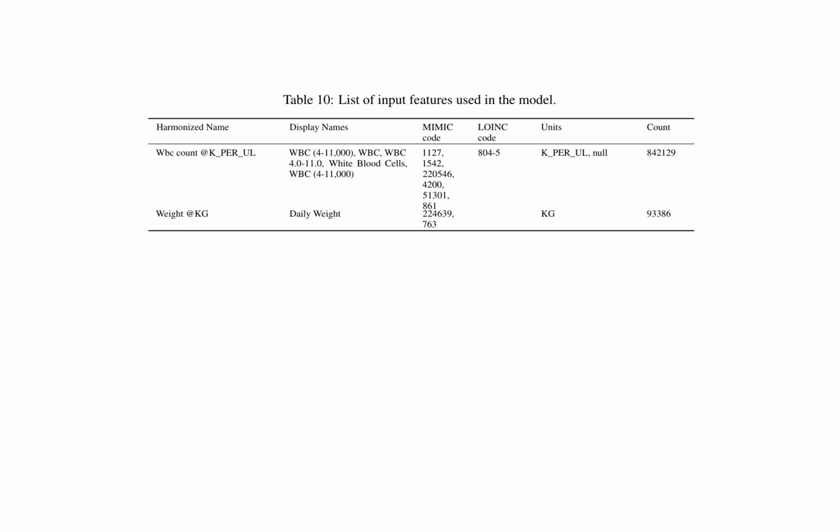The weight feature is represented by the display name daily weight, with a mimic code of 224,639 and a LOINC code of 763, measured in kilograms, and a count of 93,386. The inclusion of this table ensures transparency and reproducibility in the author's approach, allowing other researchers to replicate their methodology and build upon their work.